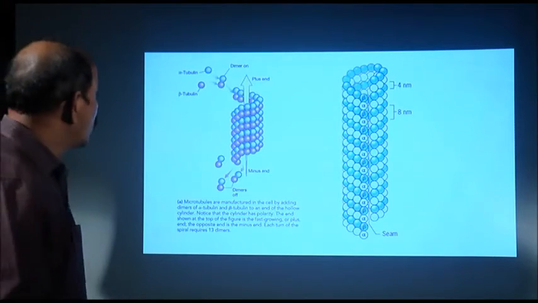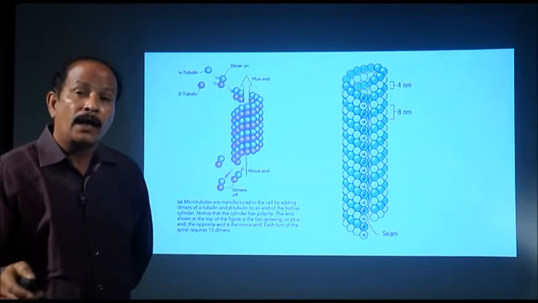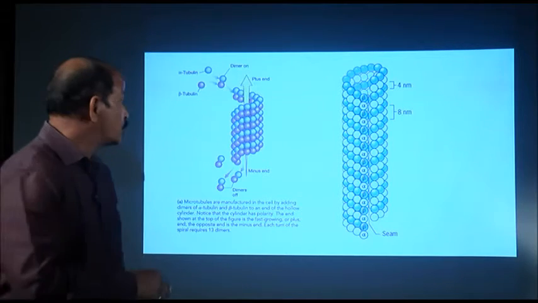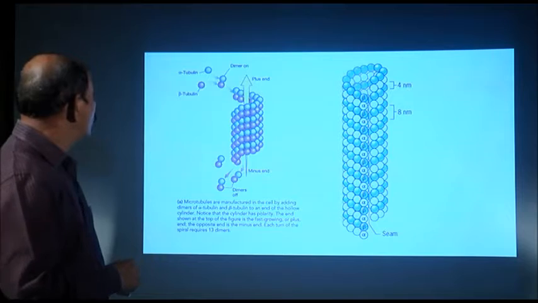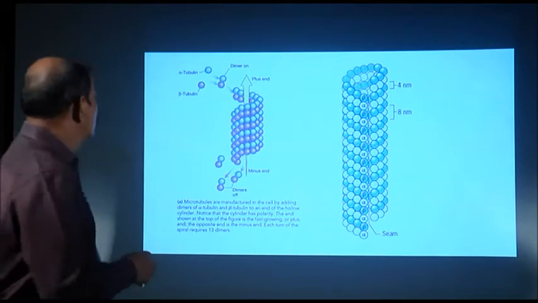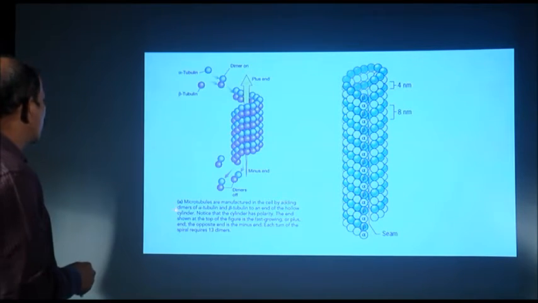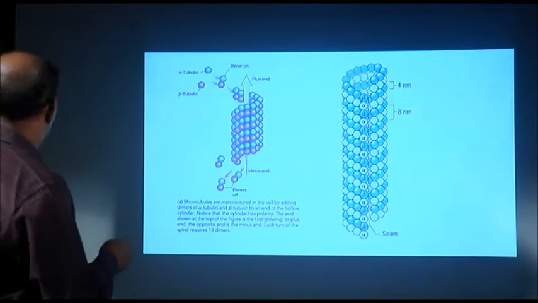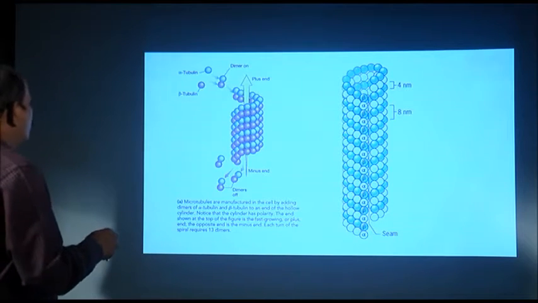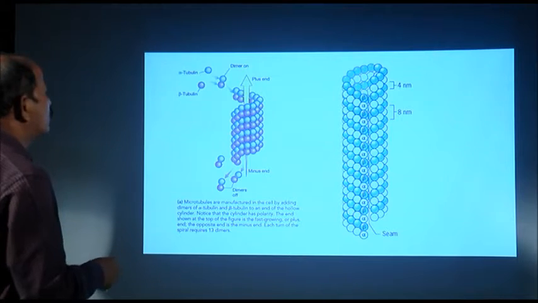Third one is microtubule, not tube, as it is very narrow, in the range of nanometer, that is why it is tubule, microtubule. So, microtubules are manufactured in the cell by adding dimers. Now you can see there is a polarity in the microtubule, there is a plus end, another is the minus end.